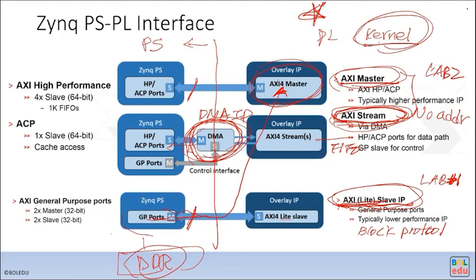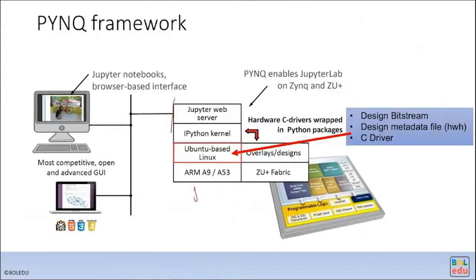Okay, let's talk about the PYNQ framework. This portion is the PS. On the PS you have two ARM A9 cores running. On the processor, you run the OS, Ubuntu, with a driver built in. On top of the OS, you have the IPython kernel.